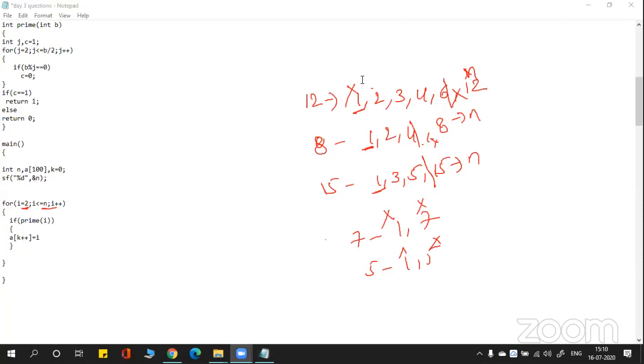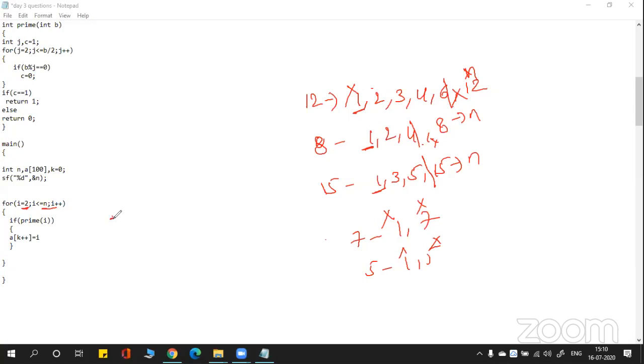After storing a value, for example, first time 2 is a prime number. If of 2, is the condition satisfied? Yes. So now 2 will be stored in a of 0. After then k value will be incremented.